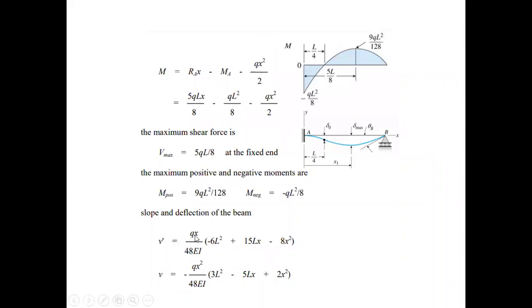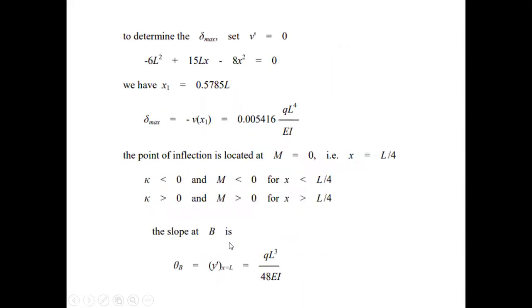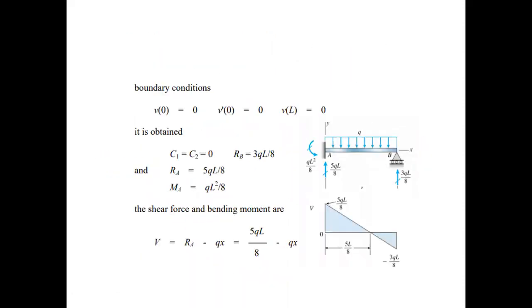For example, at x equal to 1, this equation will give the value of slope, and this equation will give the value of deflection. Similarly, for any value of x, we can simply calculate the deflection and slope using the two equations.